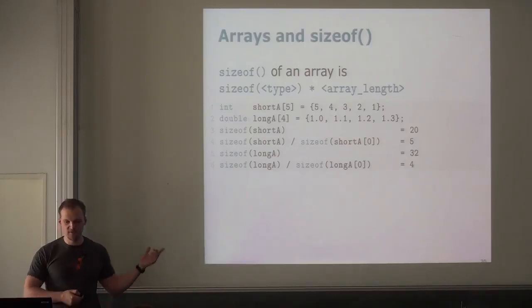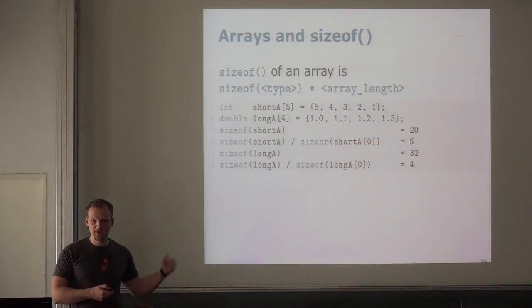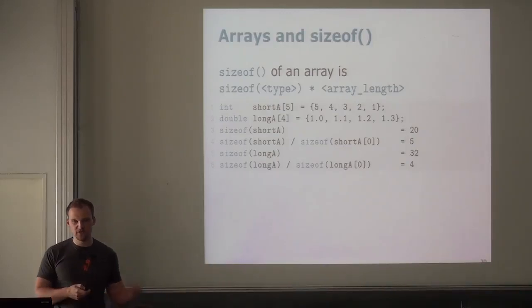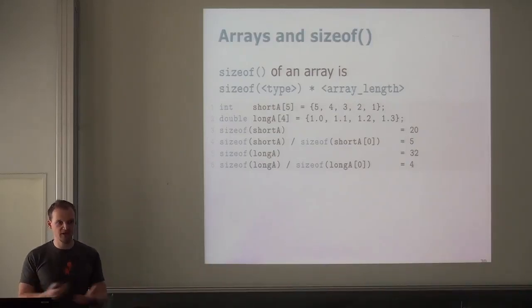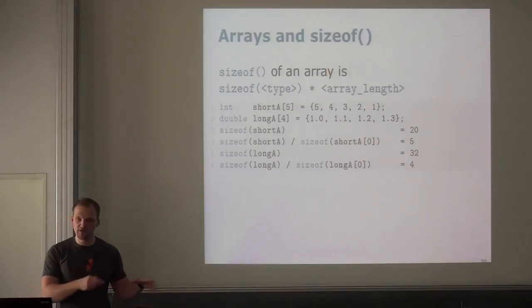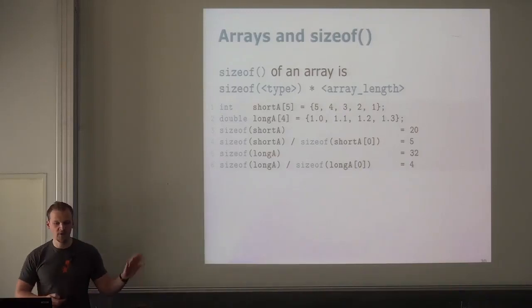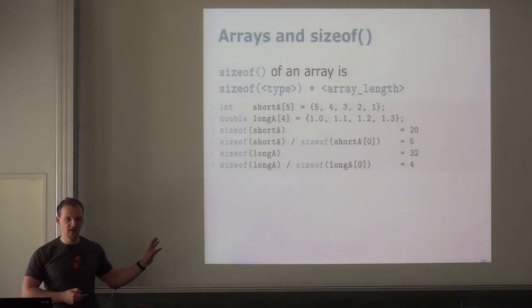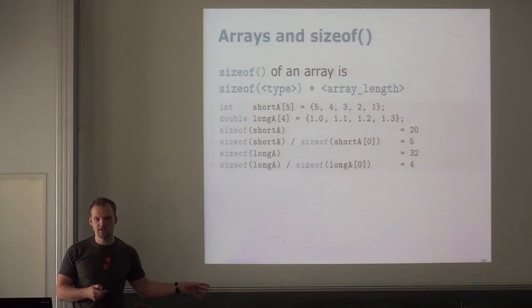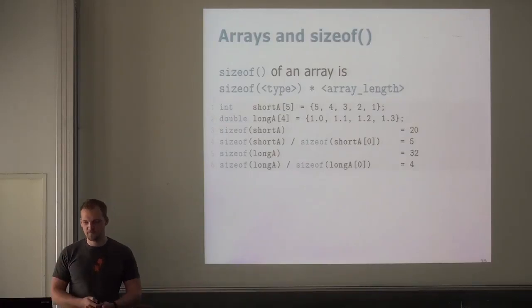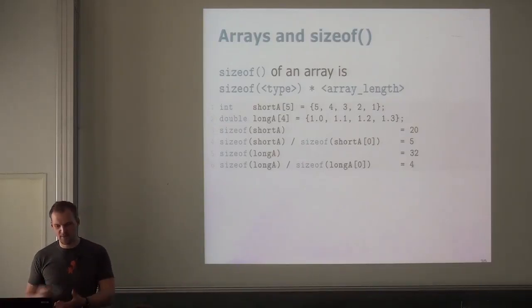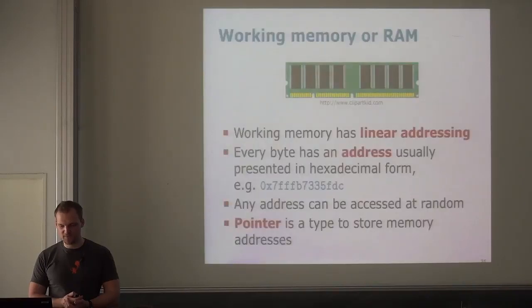And if you divide the sizeof of the whole array by the size of the type, you're going to have the number of elements in the array. But this is just to show off how the sizeof works. I don't expect to see any code like this in your homework assignments, so don't use it. But remember that it's in continuous memory.